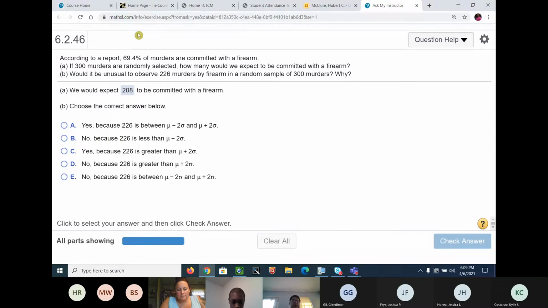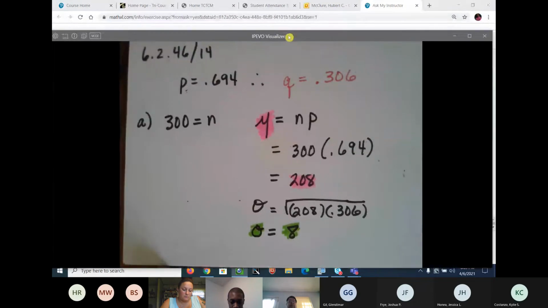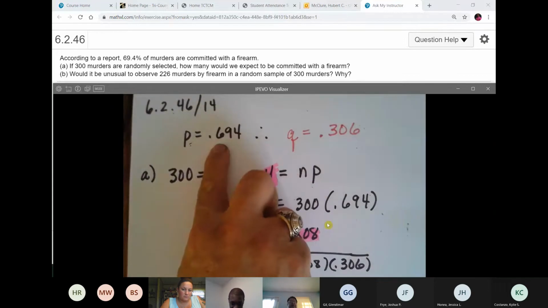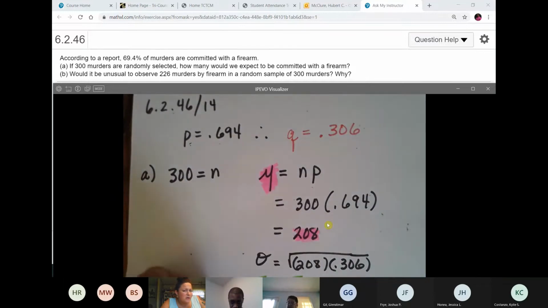You move the decimal 2 places to the what? To the left. All right, so from the first sentence, right here, I got 0.694. And how do you know to move the decimal? Okay, let me go back.